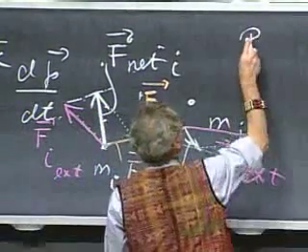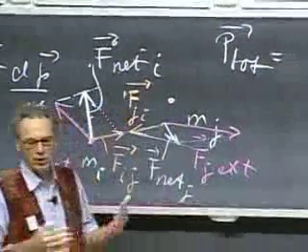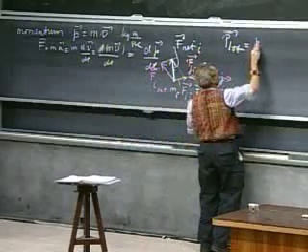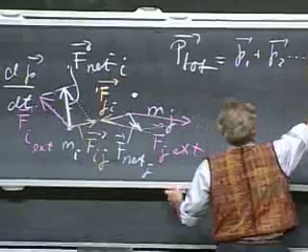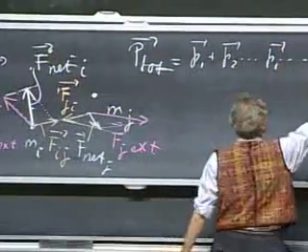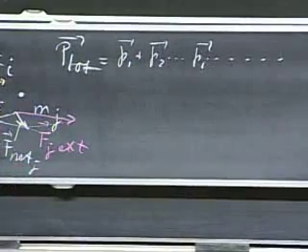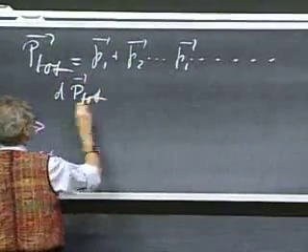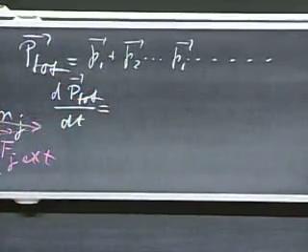What is the total momentum of these zillions of particles? Well, that's the sum of the individual momenta. So that is P1 plus P2, up to Pi, and you have to add them all up. I take the derivative of this, dP total/dt, that is dP1/dt. Well, that's the force on number 1.